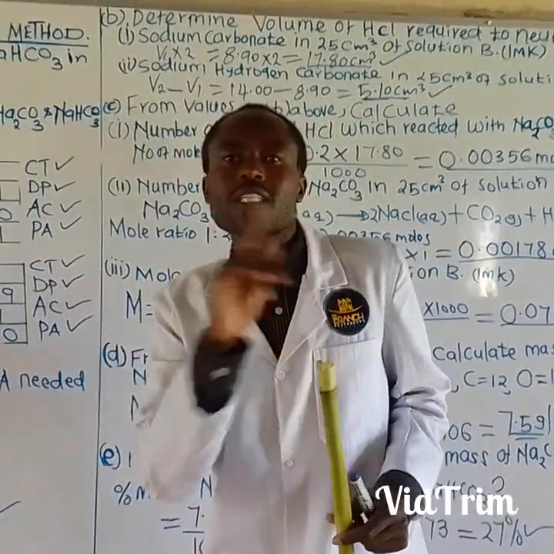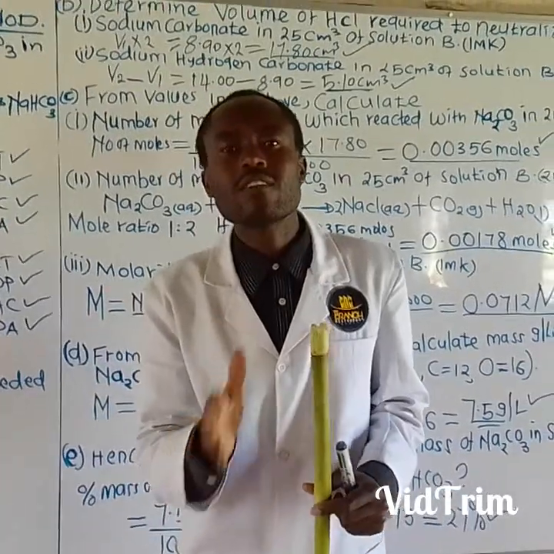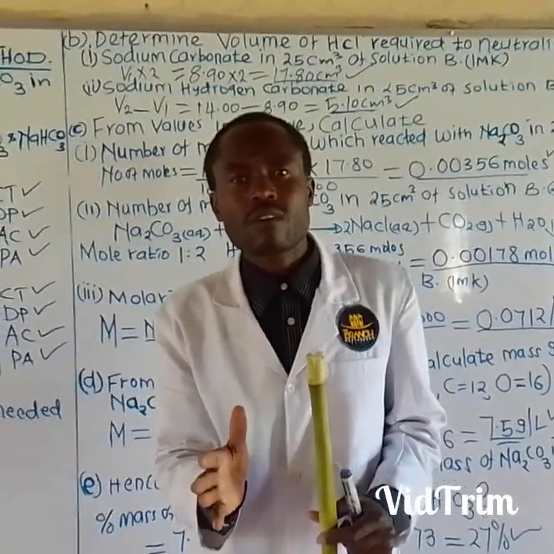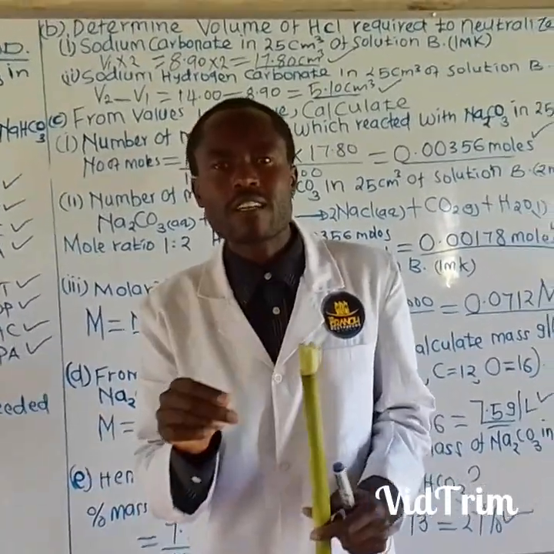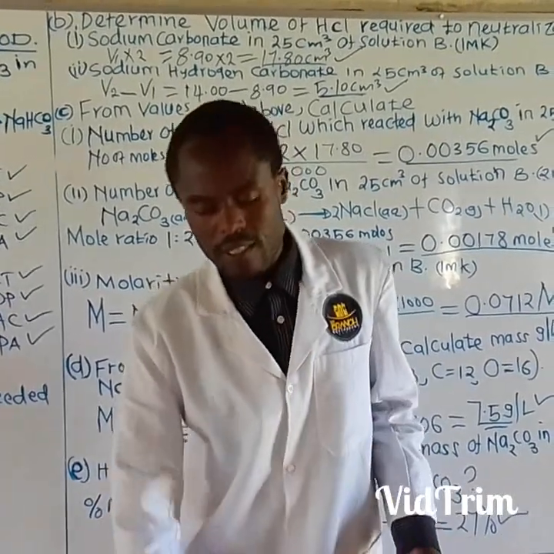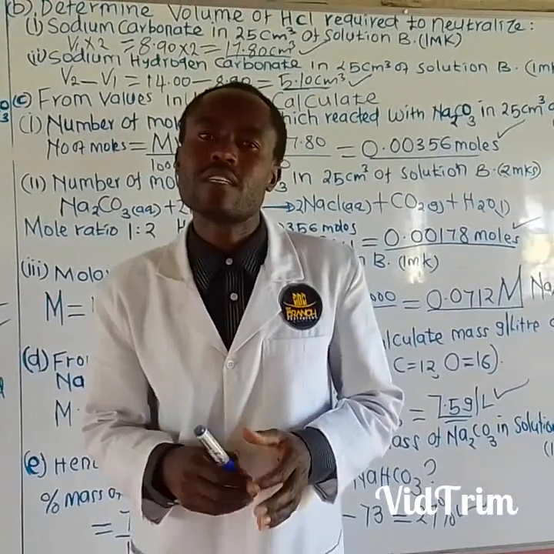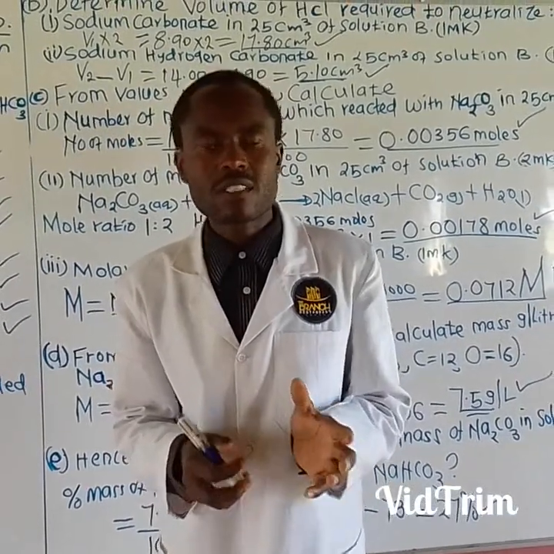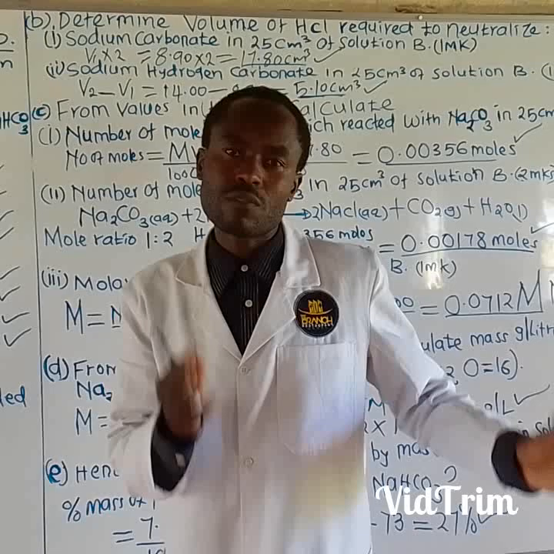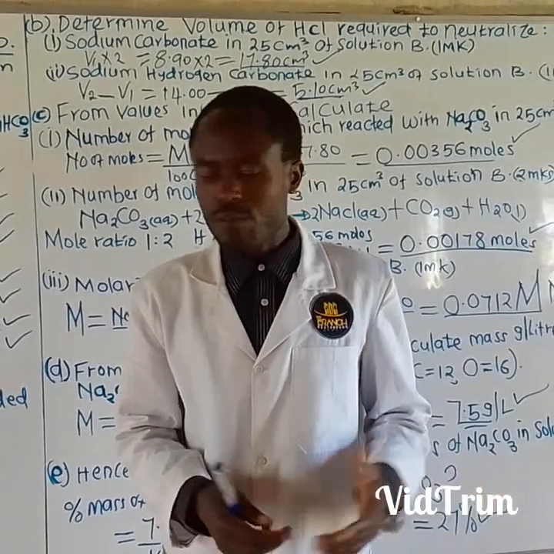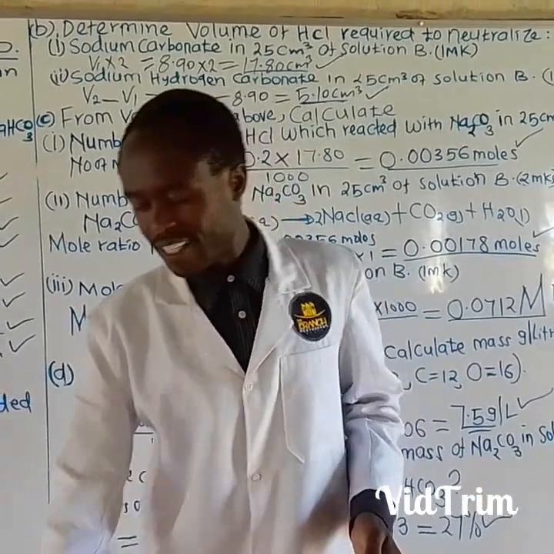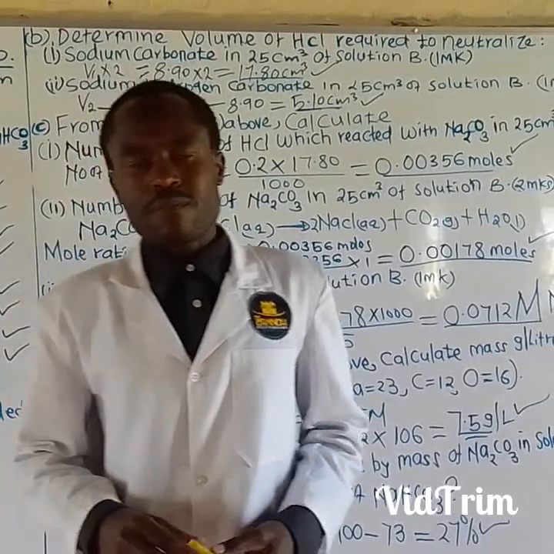Is it okay? That's why I times by 2. Then to get the volume of HCl which neutralized the sodium hydrogen carbonate, we take volume 2, which is 14, then we minus volume 1. Is it okay? Hope you have enjoyed the lesson. Until next time. Thank you.